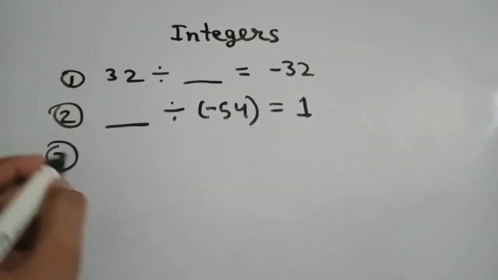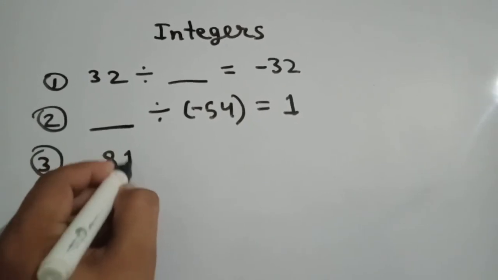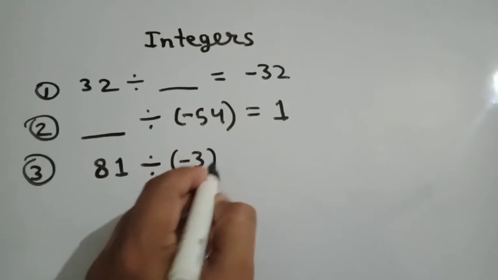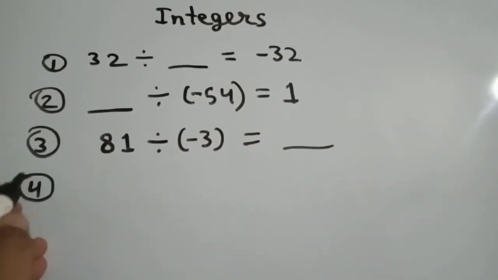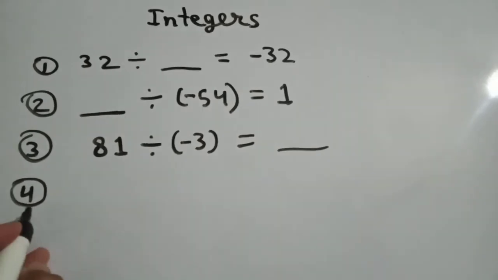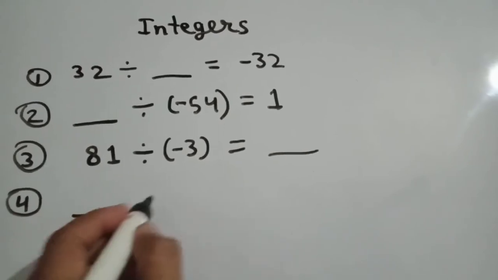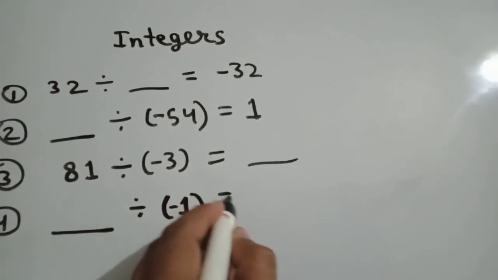Next: what is the result if 81 is divided by minus 3? Next question: what is the number which, divided by minus 1, becomes 99?